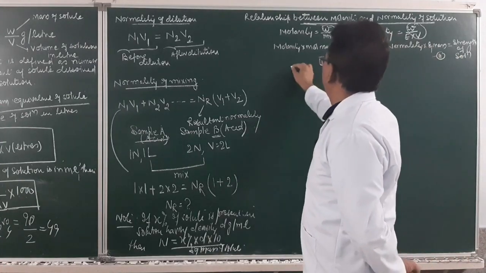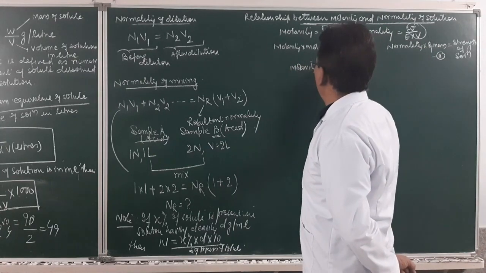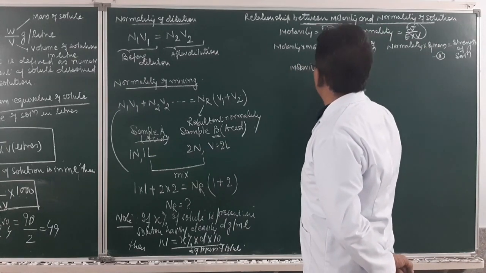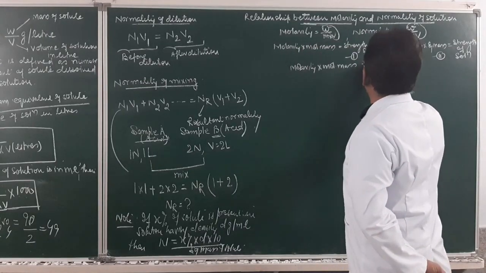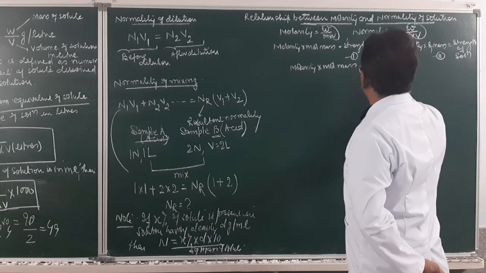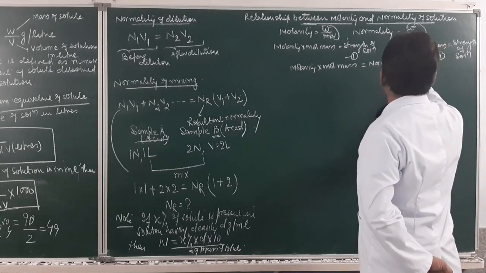So what do we get? Molarity into molecular mass will be equal to normality into equivalent mass.